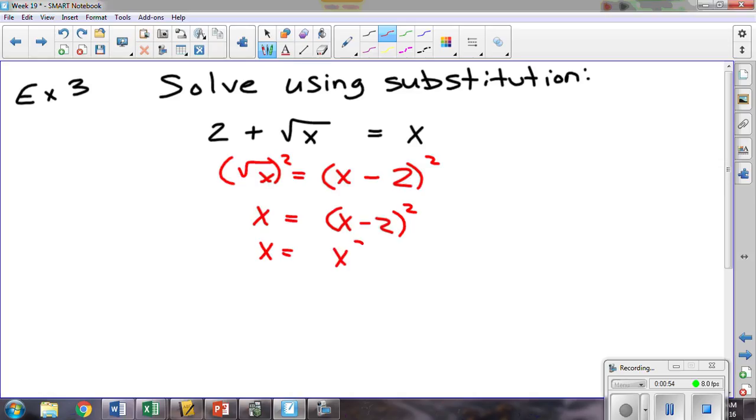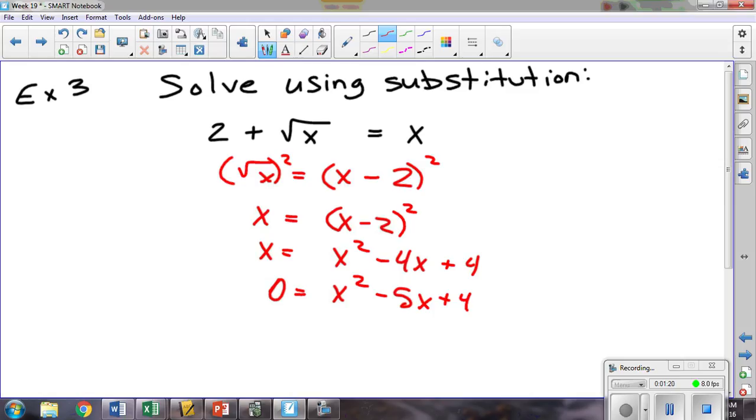We would then get x squared minus 4x plus 4. Grouping all our like terms together, we then got 0 is equal to x squared minus 5x plus 4, which sets up something that would fit the quadratic formula, or possibly something that we could factor.